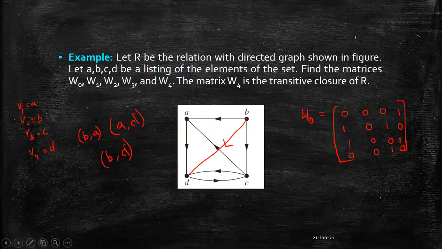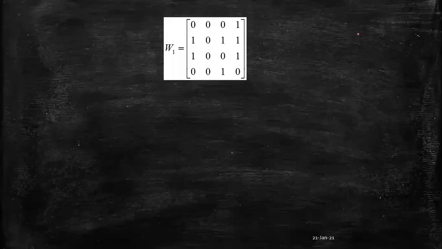Now next, after that, we have to create the W2 matrix. So W1 matrix is done. That is, we have seen where A is the interior vertex and added the 1 over there. This is the only edge that we could have added in the W1 matrix. Now we have to move on to the W2 matrix. So this is the W1 matrix that we have written.